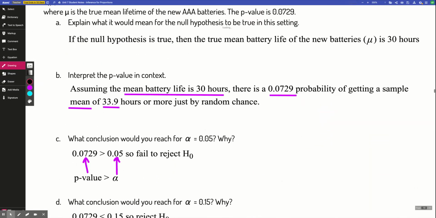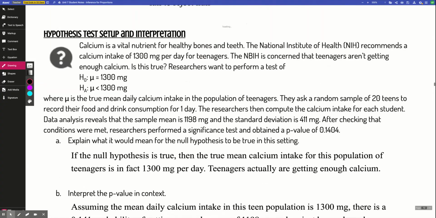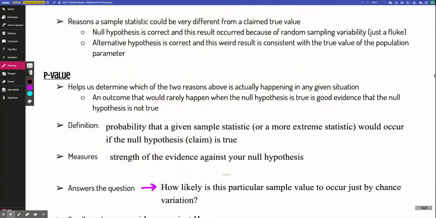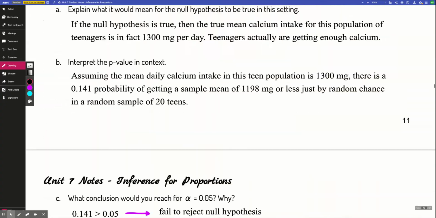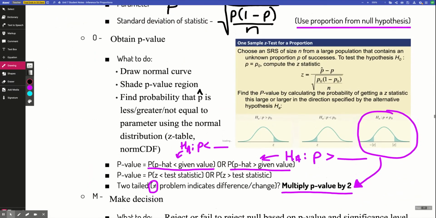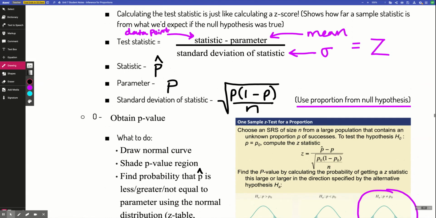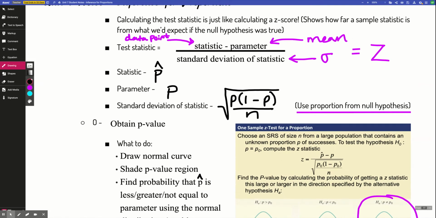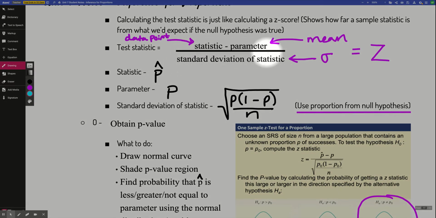I'm trying to find what they do actually give you on the, oh, it's this guy right here. They do give you this formula, right? So you just have to know what the statistic, the parameter, and the standard deviation are. But they do give you the formula for standard deviation of the statistic, which is nice.